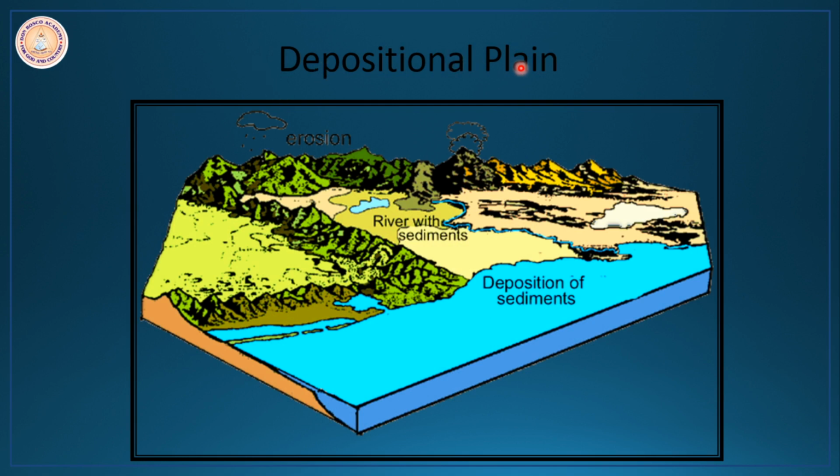Depositional plains. This is another major type of plain. Now, depositional plains have been formed by various agents of gradation which do their work of erosion, and they transport the eroded material and deposit the load in low-lying areas such as depressions, lakes, seabeds, and so on.